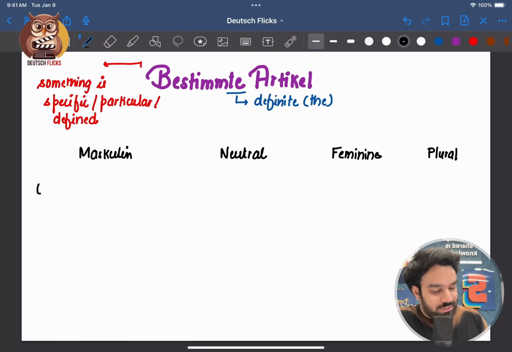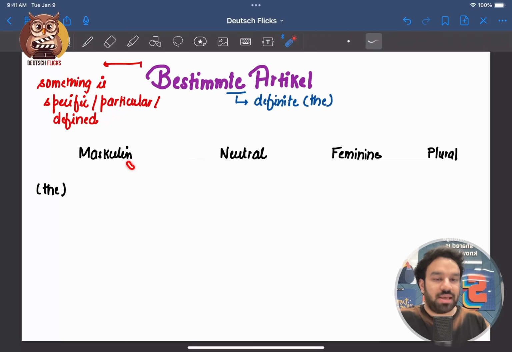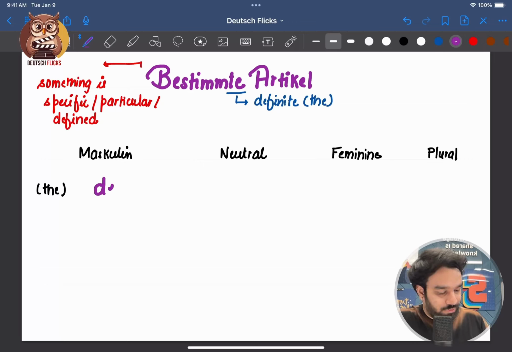So how do we say the in German if it is masculine? If it is masculine, then we say der. For neutral, das. You must have seen the ad of Volkswagen.